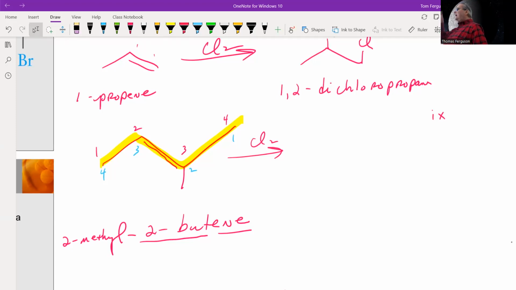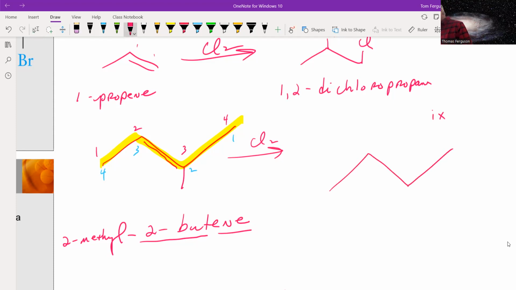Okay, now the chlorine is going to add one chlorine across that double bond on either side. So we're going to name it the same as we did originally.